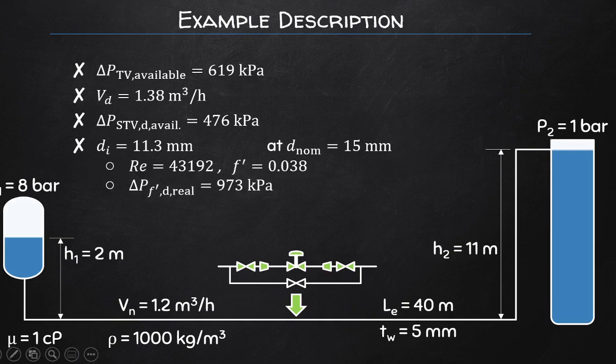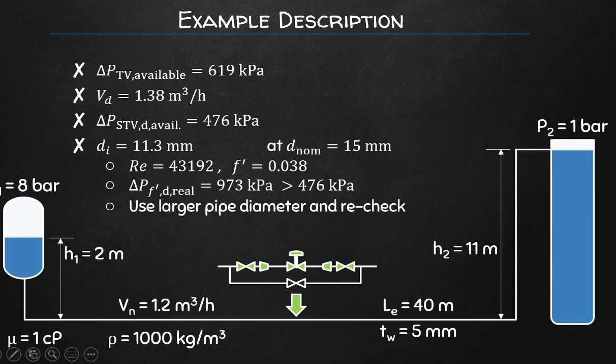And we obtain the following result for the designed pressure drop due to frictional losses of 973 kilopascal. Now this is much larger than the 476 kilopascal that we require. And so for the system we should try to make use of the larger pipe diameter.